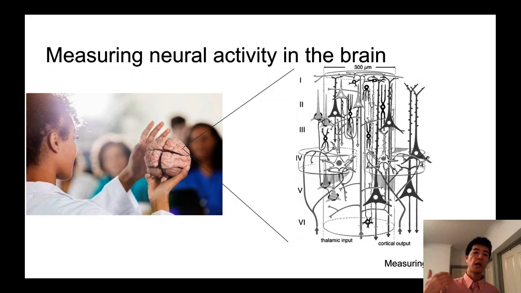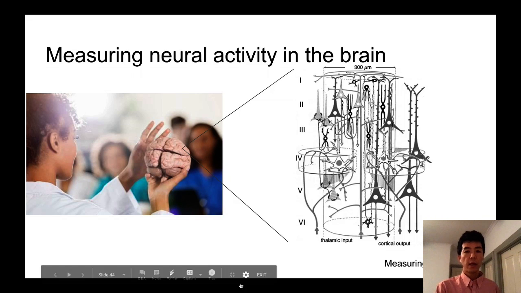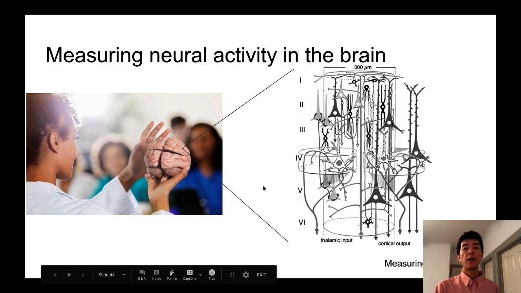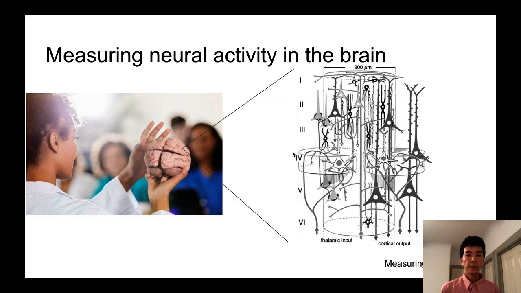Roughly speaking, which I'm going to talk about in more detail in the subsequent lecture, layer 4 is usually a special location for the cortex, which receives the inputs from other areas of the brain. And then the input goes from layer 4 to layers 2, 3 and 5, 6.